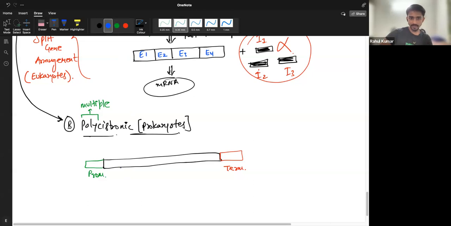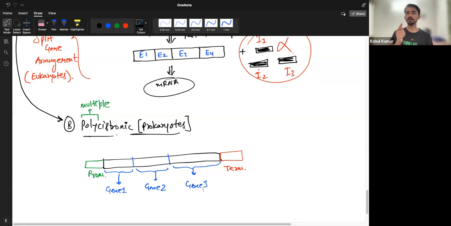But in that structural gene, from this point to this, there is one gene. From this to this, there is one gene. So there could be gene 1, gene 2 back to back, like a cassette. Remember earlier there were cassette reels in which there are songs coded one after the other in the same cassette, right? So this looks like a cassette of multiple genes.